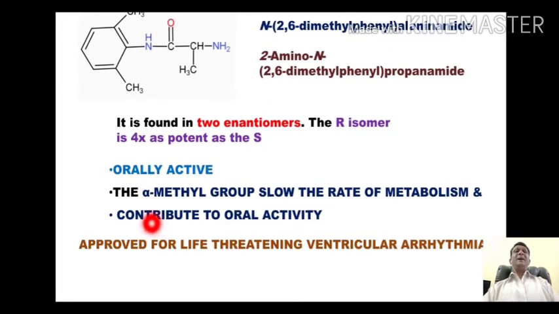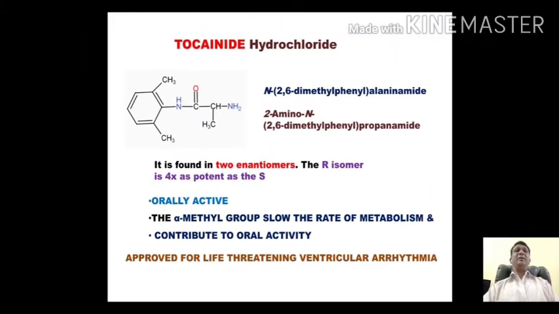That's why it is said that this alpha methyl group contributes to the oral activity. This drug is approved for life-threatening ventricular arrhythmia.